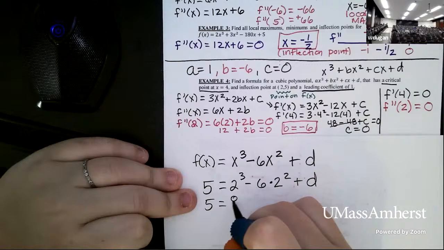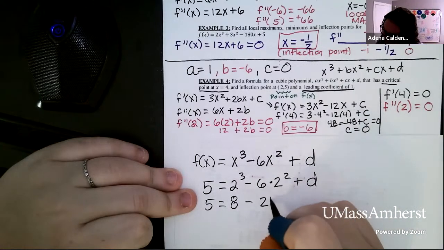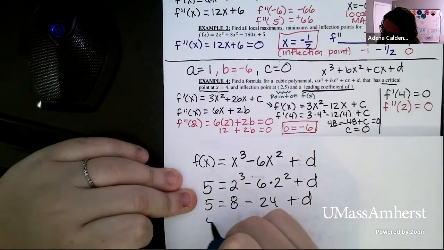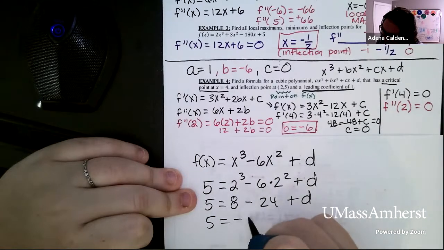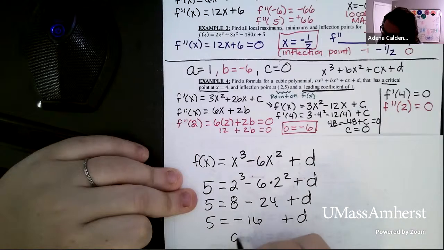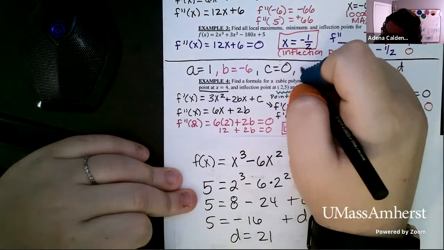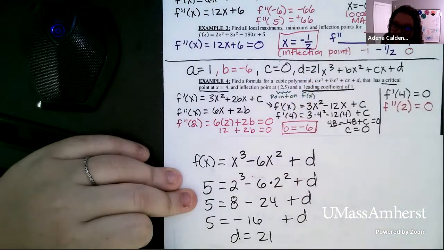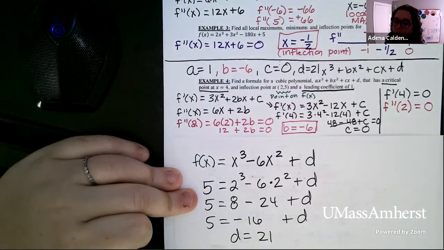So here I have 8 minus 24 plus d. So 8 minus 24, I get -16 plus d. I add the 16 over, and I get d equals 21. So now I have the value for a, for b, for c, and for d.